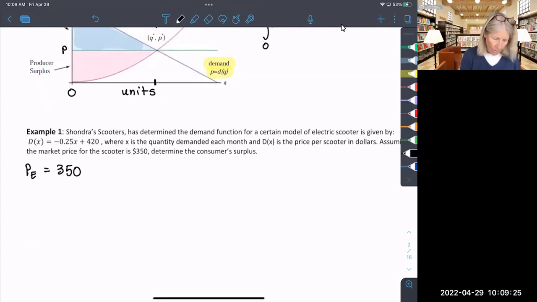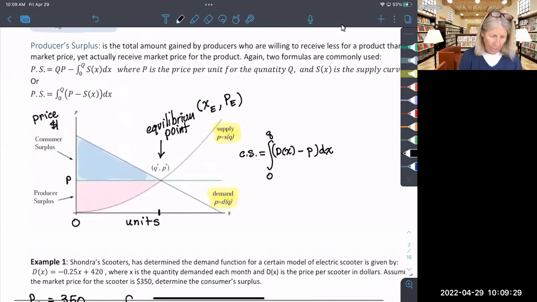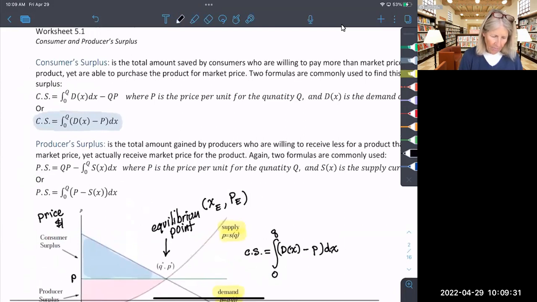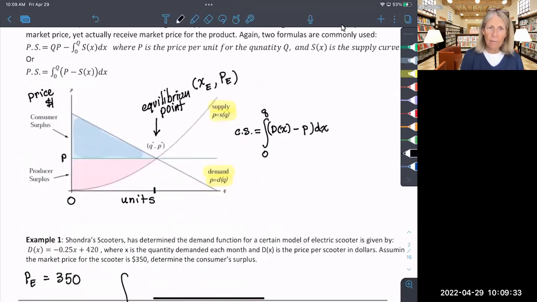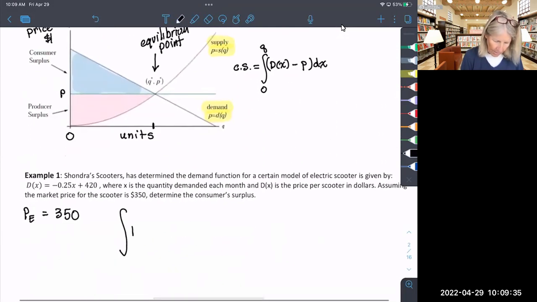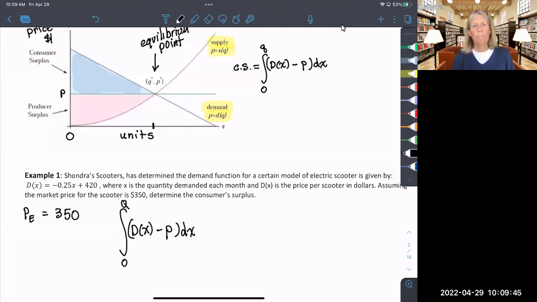Okay, so I'm going to use that formula from up above, where I take the demand function minus the price. So I'm going to use the demand function, subtract the price, dx, and integrate from 0 to the equilibrium quantity.